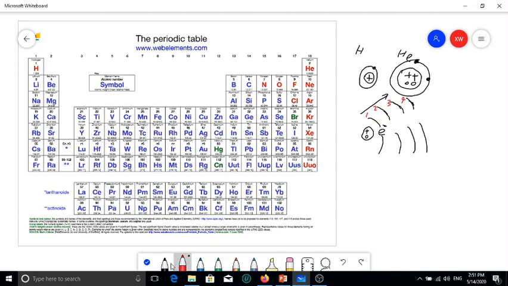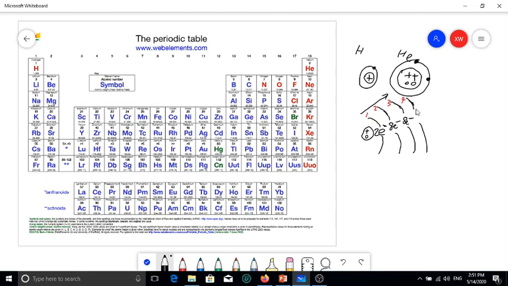Now on the first layer, it has the full capacity. Be careful, what I'm trying to say is full capacity means it doesn't have to be completely filled, like hydrogen has only one electron. The full capacity of the first layer is 2 electrons. The full capacity of the second layer is 8 electrons. The full capacity of the third layer is 8 electrons.